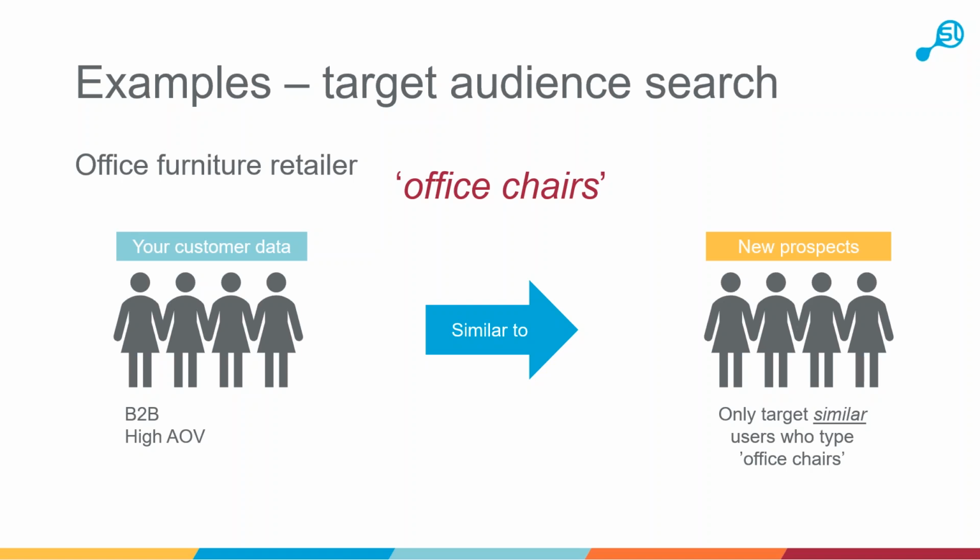So there could be individual users in a B2C context just wanting an office chair for their home office, but then there could also be office managers who are looking to kit out their new office of 200 staff with office chairs, and you can imagine that the value of each of those types of person is extremely different, and we would want to target the more valuable set of users there.